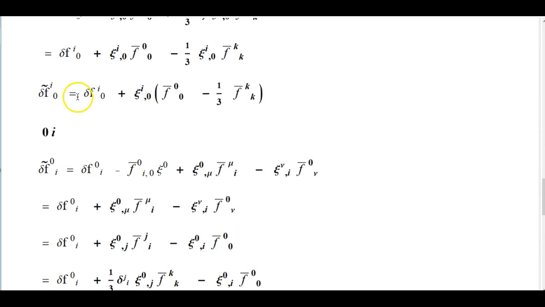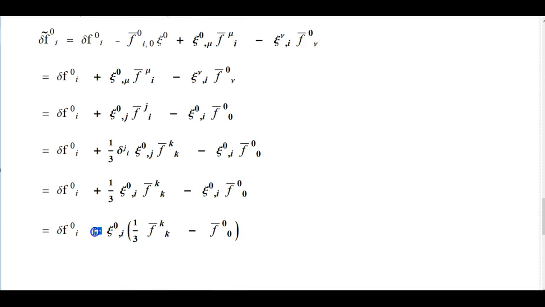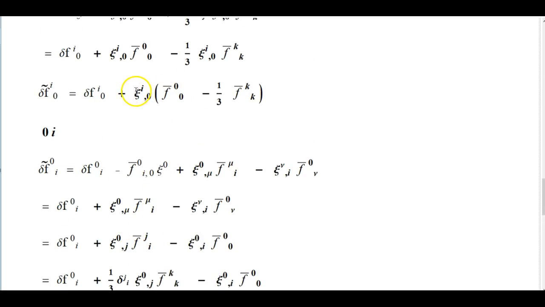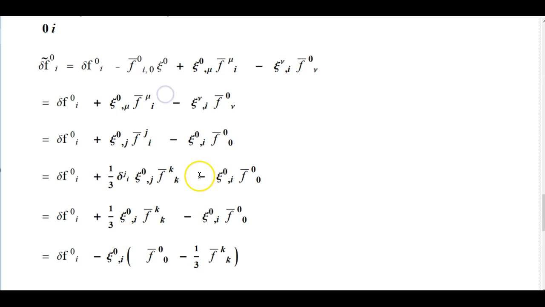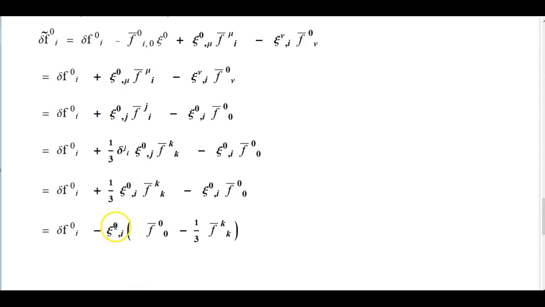Or if you want to compare it to the I0 form, then you can say this is minus here, and the inside term is the same as the previous one. Here you go. So here you had plus xi I with respect to 0 and then this. Then here you have minus I 0 with respect to I, and then inside is the same.